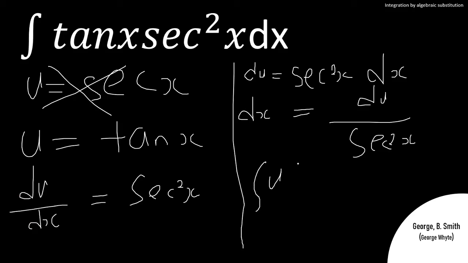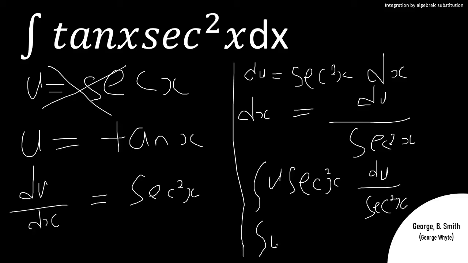In place of sec square x, I yet have sec square x. In place of dx now, what we have is du all over sec square x, so this will be all divided by sec square x. Now sec square x will cancel sec square x, and we are going to be left with the integral of u with respect to u.